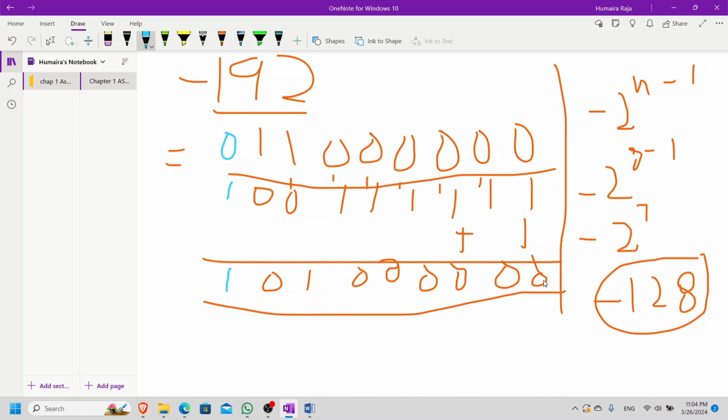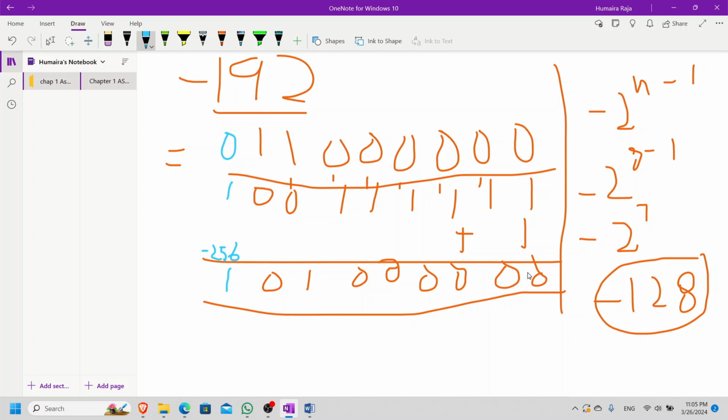So this is 1, 2, 4, 8, 16, 32, 64, 128, and this will be minus 256. If it is positive, we would write 256, but this is a negative number, and a negative number is basically represented by 1. If the most significant bit is 1, it represents a negative number, and if it is 0, it represents a positive number.